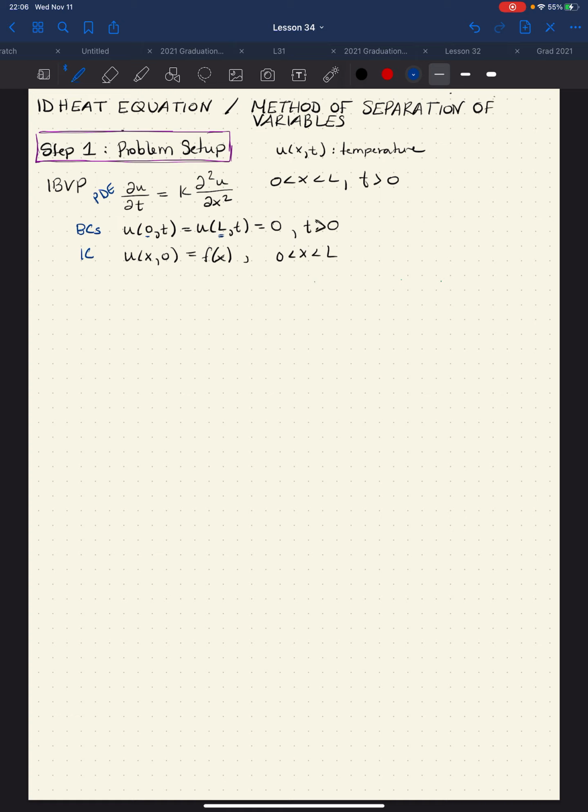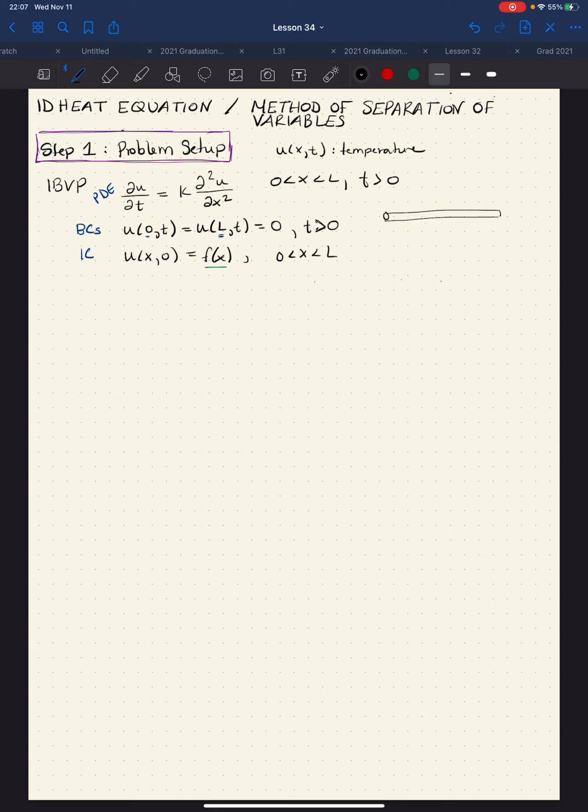Okay, the next thing I wanted to briefly discuss is this f of x that is associated with the initial condition. Our initial condition is that u of x, 0, so when x can be anything but t is equal to 0 specifically, the temperature, which is our u value, u of x,t, is equal to f of x. This should make sense intuitively.